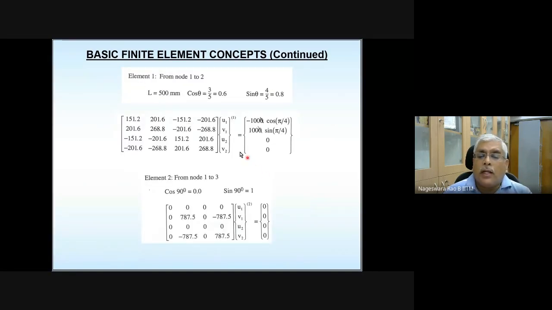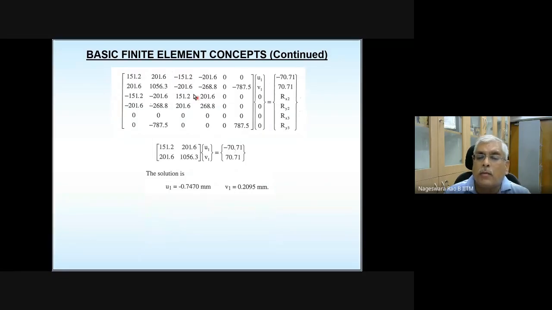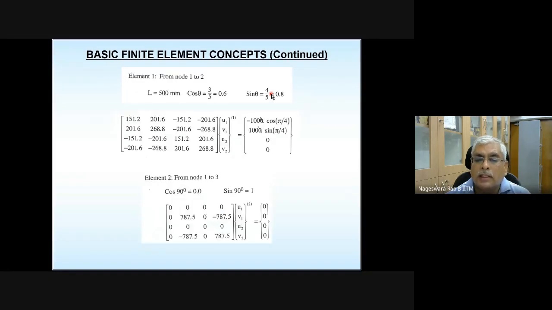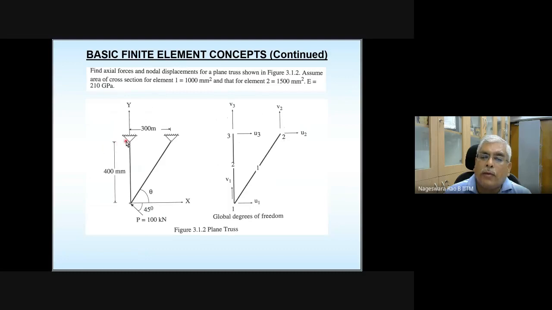So you get the equation system in the local coordinate system for each of these elements. These are the element equations for each of the elements, element 1, element 2. And based on the connectivity, you can assemble the global equation system. And also for this kind of problem, here this is named as node 2 and this is named as node 3.